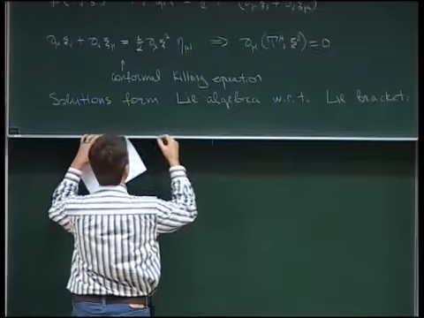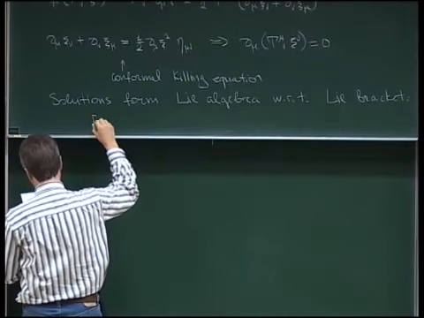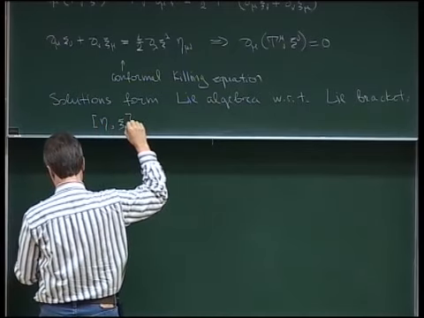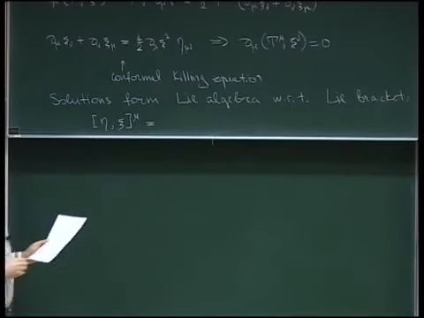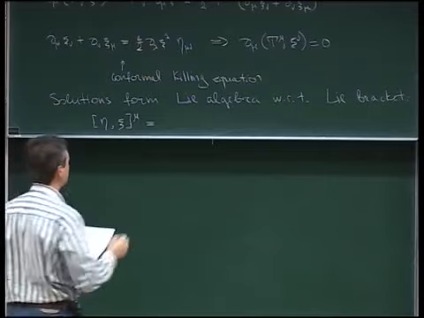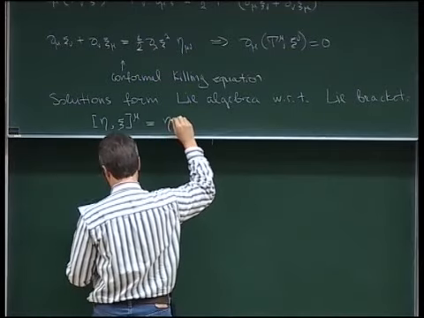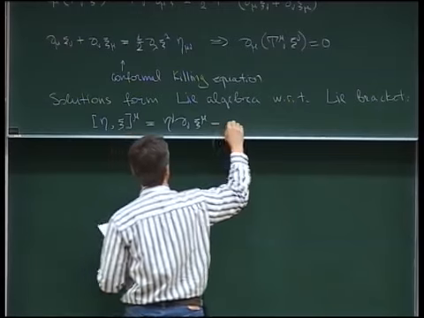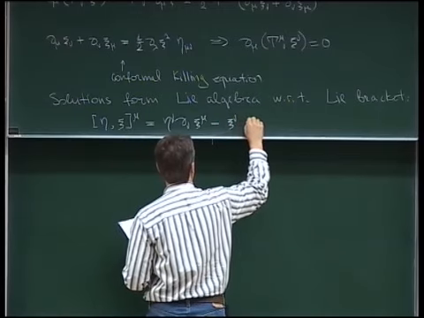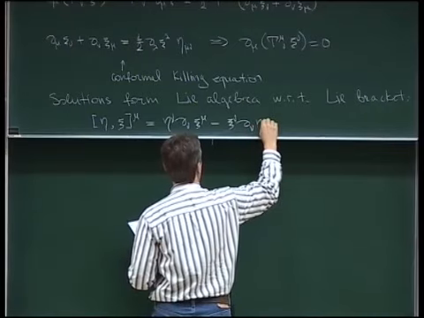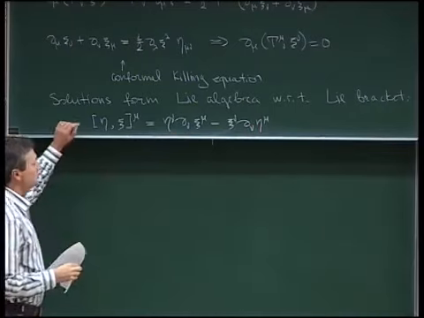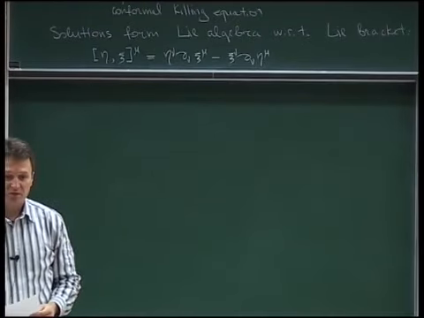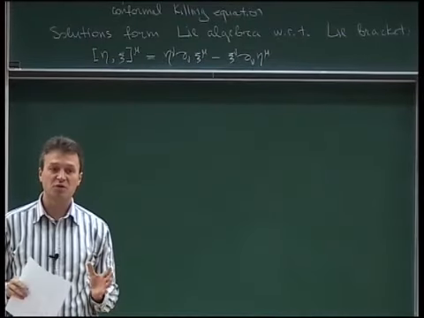So if you take the Lie commutator of two conformal Killing vectors, then the result will also satisfy this conformal Killing equation. Which is basically a reflection of the fact that conformal transformations form a group.